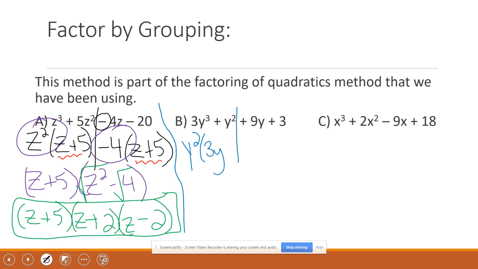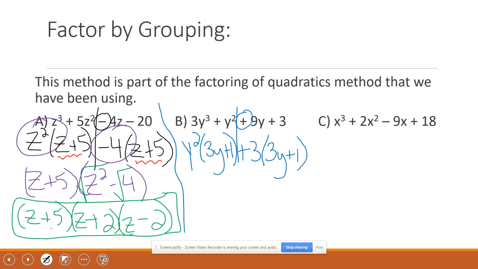Y squared divided by y squared is positive 1. We start with adding over on the right, and our common factor of 9y and 3 is 3. 9y divided by 3 is 3y. 3 divided by 3 is positive 1.